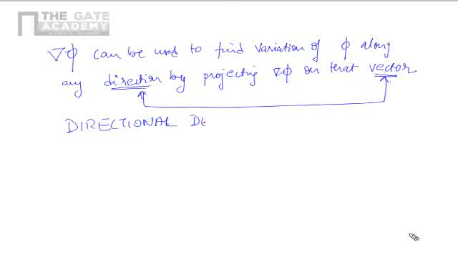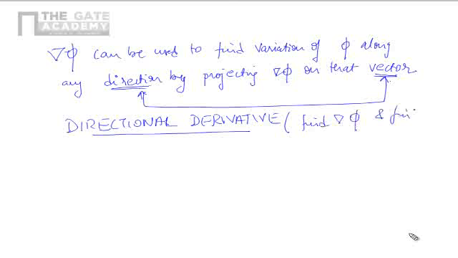So ultimately, if you are asked to find directional derivative, what you have to do is find del phi and find the projection of del phi on the given vector.